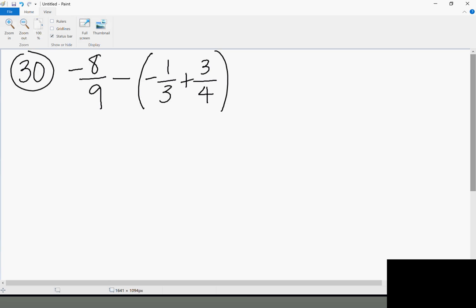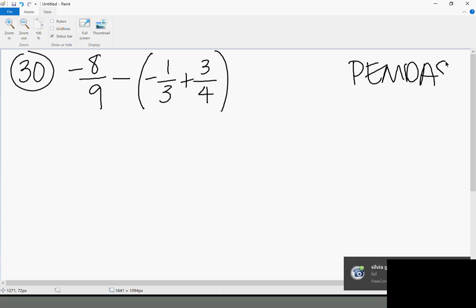Okay, so order of operations. You're probably going to be tired of me saying that, but hey, that's all right. So parentheses. Let's deal with that first. This is a fun one.